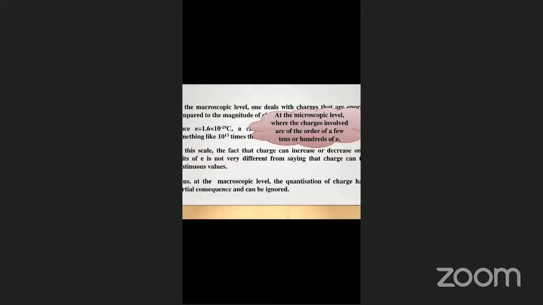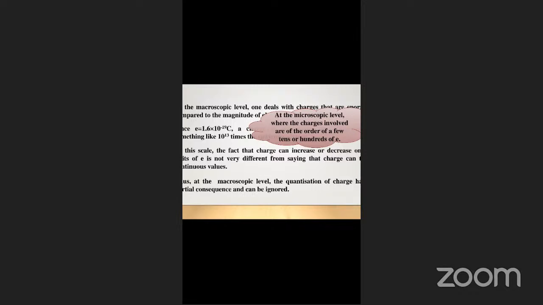So observe that at the microscopic level the charges involved are of the order of a few tens or hundreds of e.